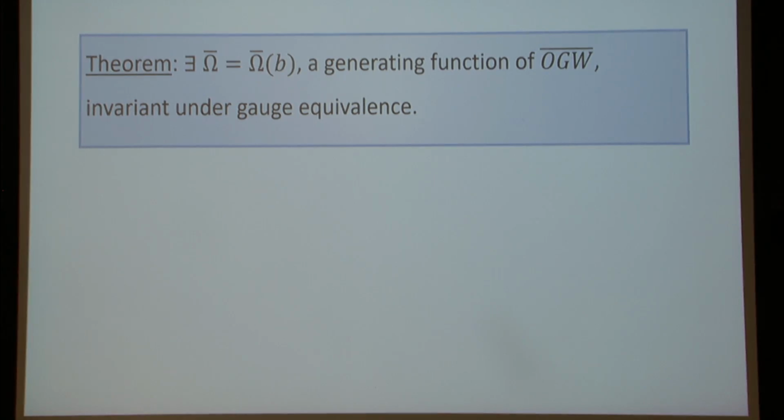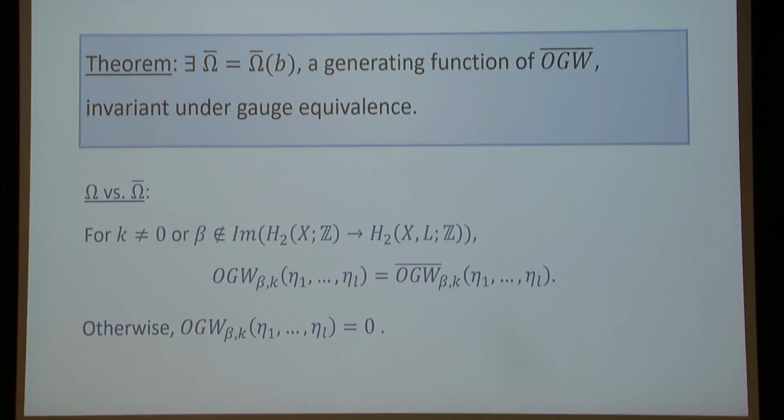We still need a bounding chain in the background because we still have disk bubbling as well. But you can now use this process to create open Gromov-Witten invariants that are a refinement of the invariants we had before. Before, if we had 0 marked points and the boundary was collapsible, we had to set the invariant to be 0 because we couldn't deal with boundary degeneration using just the bounding chains.